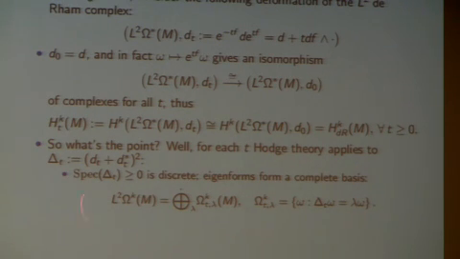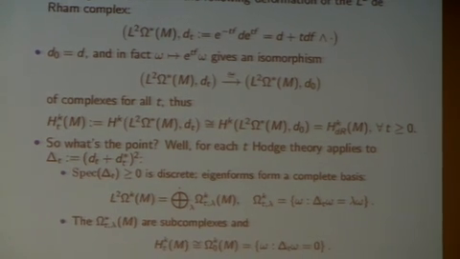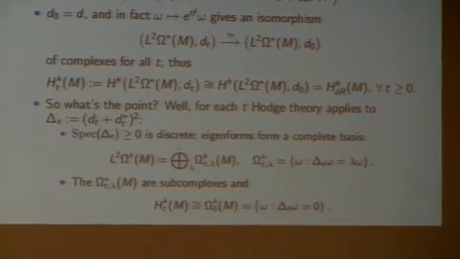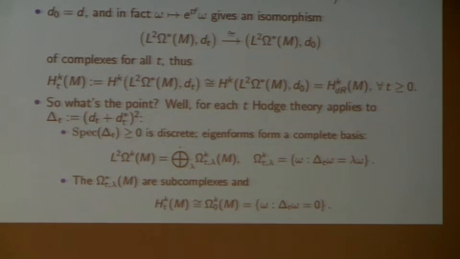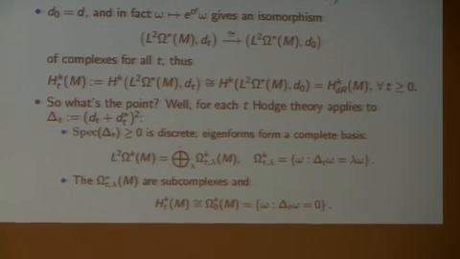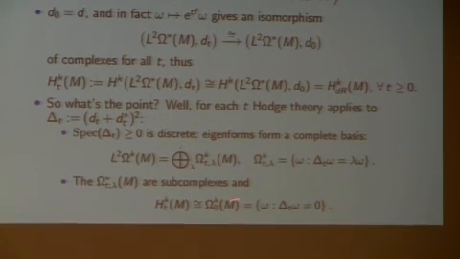So for each t, we have a complete basis for L2. For a fixed lambda, these eigenspaces are preserved by d. They form subcomplexes, and one way to state Hodge theory is to say that for positive lambda, you get exact complexes, and for lambda equals 0, you get a trivial complex. And so, in particular, the only contribution to the cohomology comes from the harmonic forms, or the lambda equals 0 part of the spectrum.